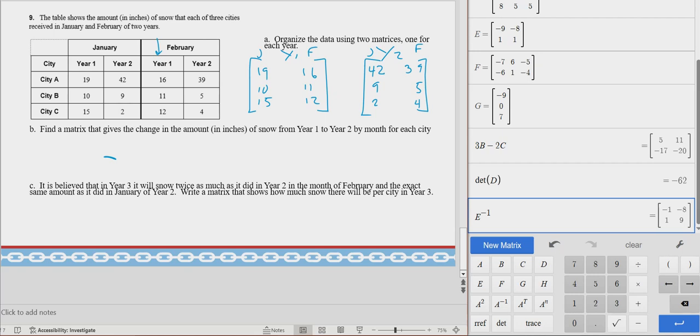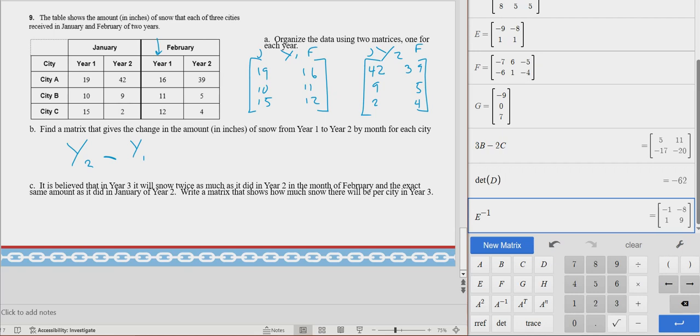And to find the change from year 1 to year 2, we would do year 2 minus year 1. And I've had some people say, well, why can't I do y1 minus y2? You're going to get the same absolute values, right? When we get a positive value, you'll have the negative of that value, and vice versa, right?